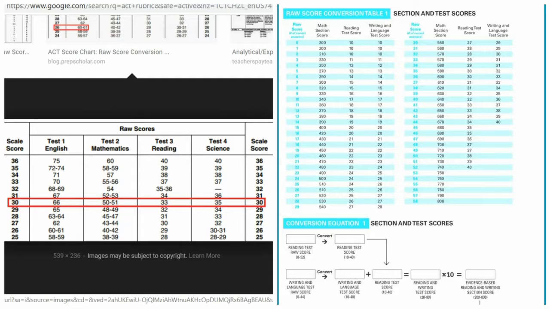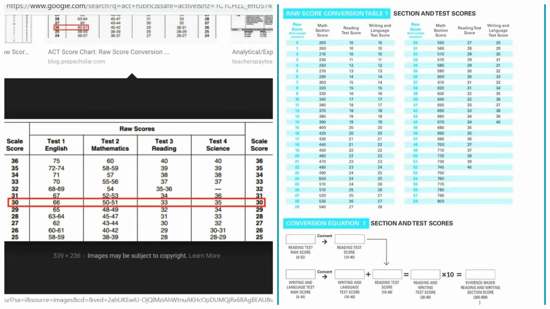So in math, and it's easier to see here, for this specific test and this specific rubric, you're getting between 38 and 39 questions right now to get a 25. You would need to get around 10 or 11 more questions right to get a 30, to go up 5 points, right?